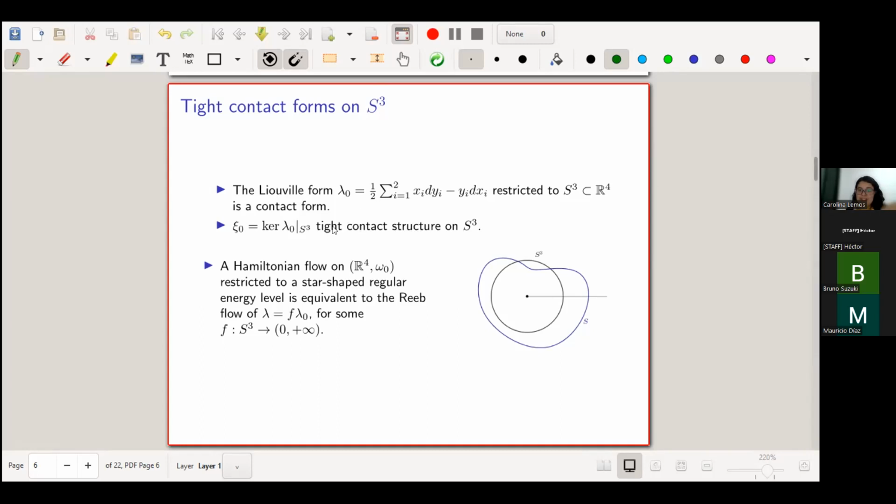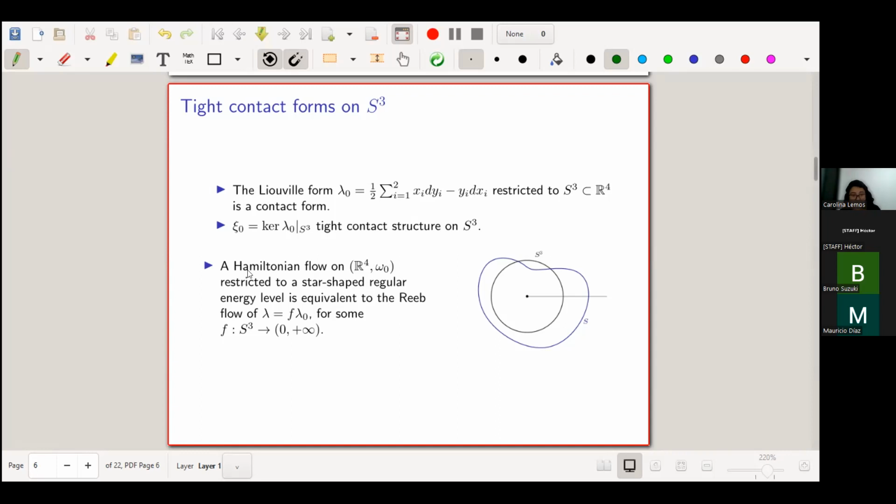It has been proven that it is the only tight contact structure on S3, so we can call it the tight contact structure on S3. Okay, so every time I talk about the tight S3, it's S3 with this contact structure.